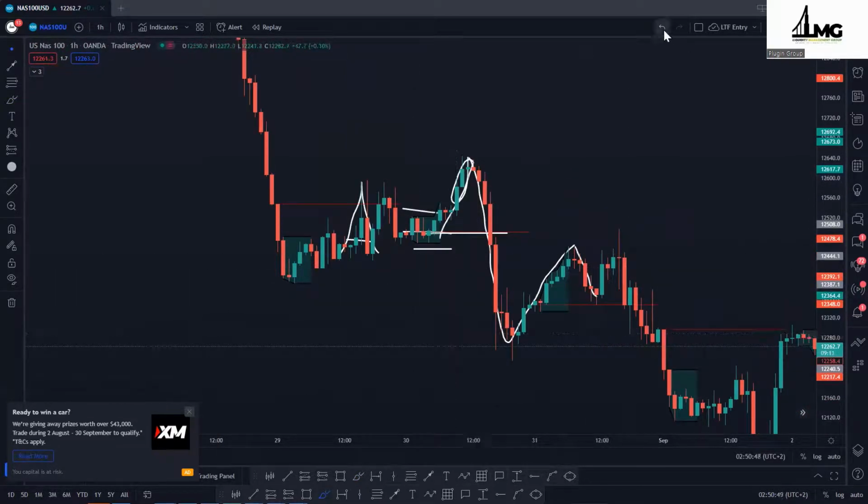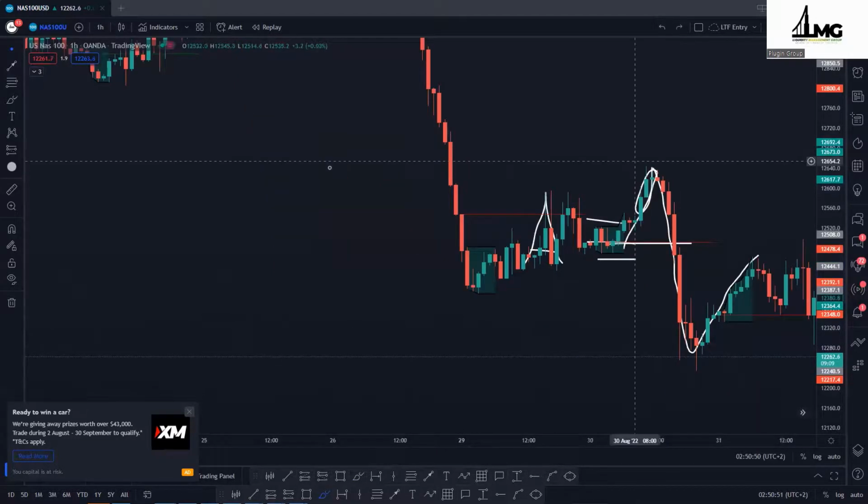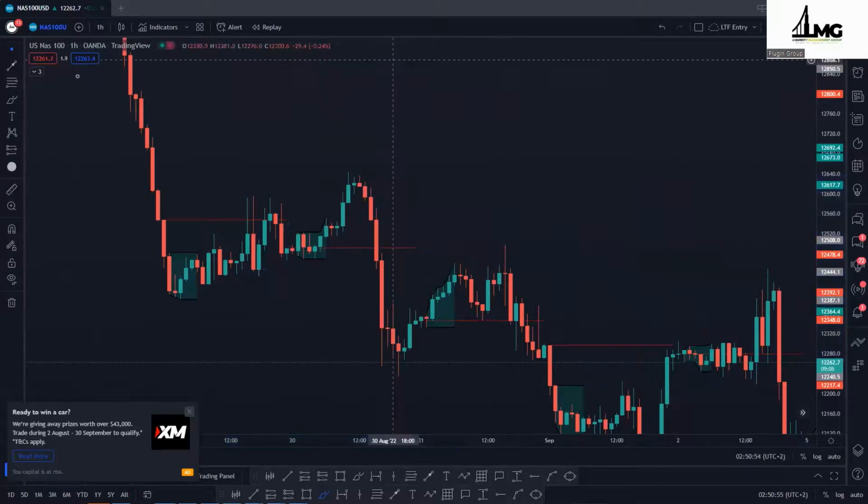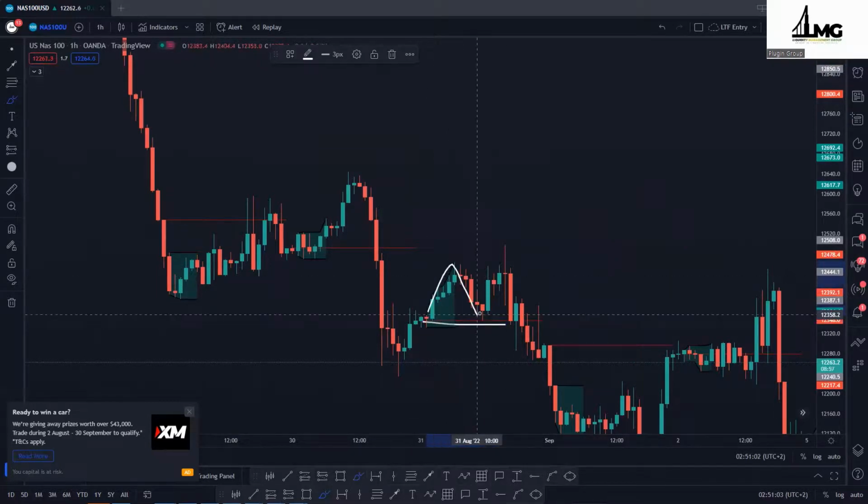And then the same day, we had the same pattern forming. So we see price open up here. After price opening up here, we see price expanding to the upside into the Asian range. So Asian range has got the high and the low. What happens? Price grabs liquidity above the Asian high, and then just pushes to the downside.